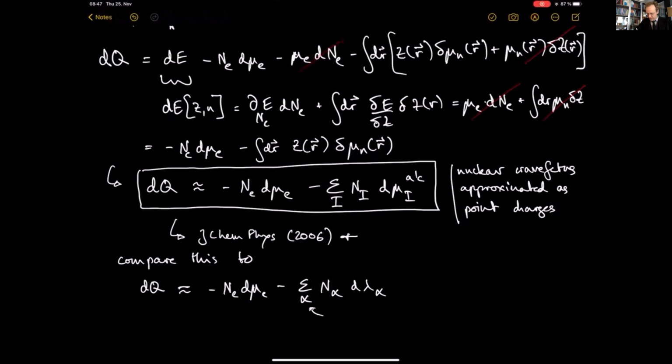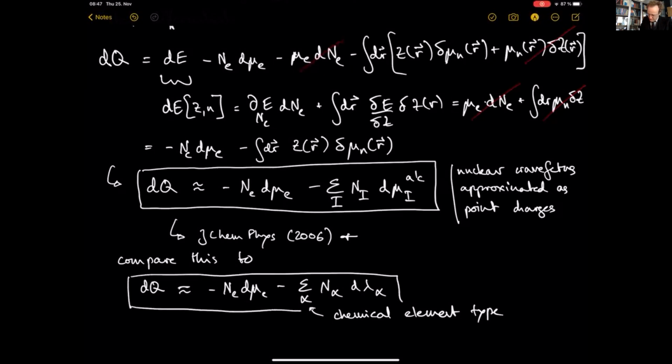So chemical element type, right? This lambda parameter would allow you to go from one type to another. So this samples stoichiometry only. So there's no spatial resolution for nuclei.